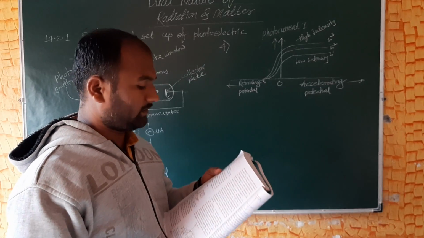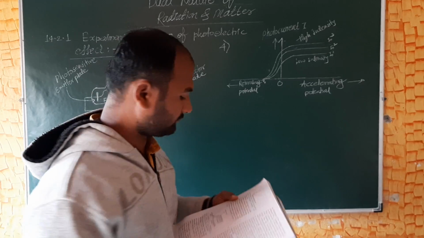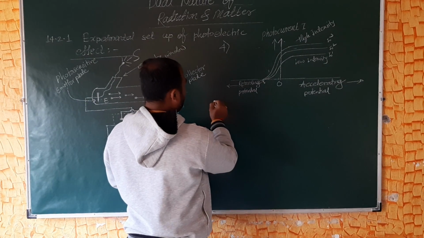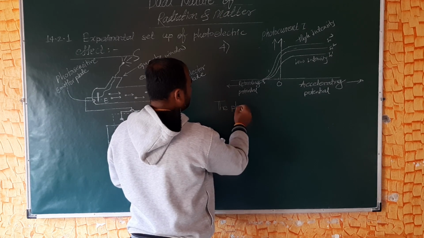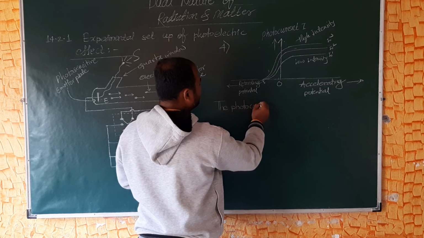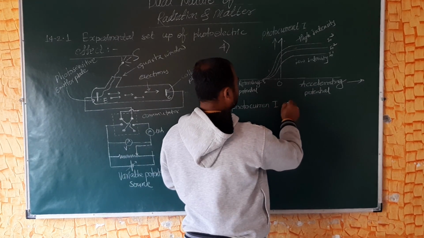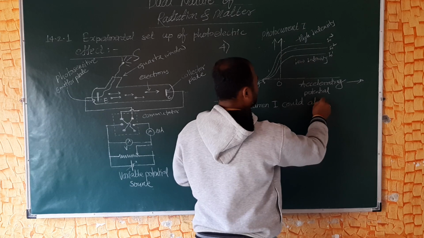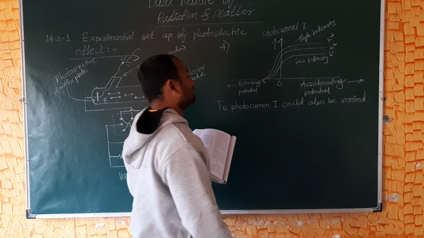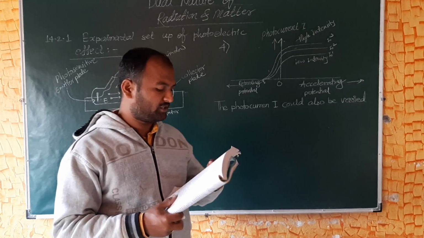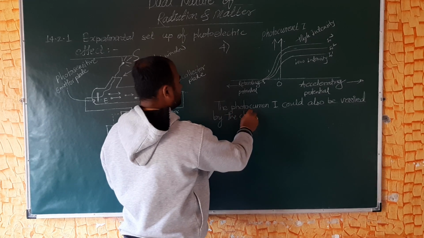So photocurrent I could also be varied by changing the potential of the collector plate. So here the photocurrent I could also be varied by changing the potential.